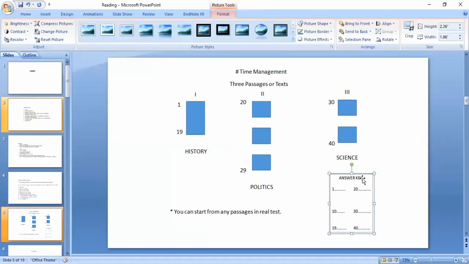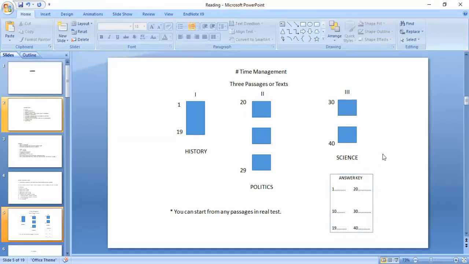That means my answer should be written in the corresponding number. It should not be written in number 1. You have to write in the corresponding number. Like 20, for 20 you have to write in where?